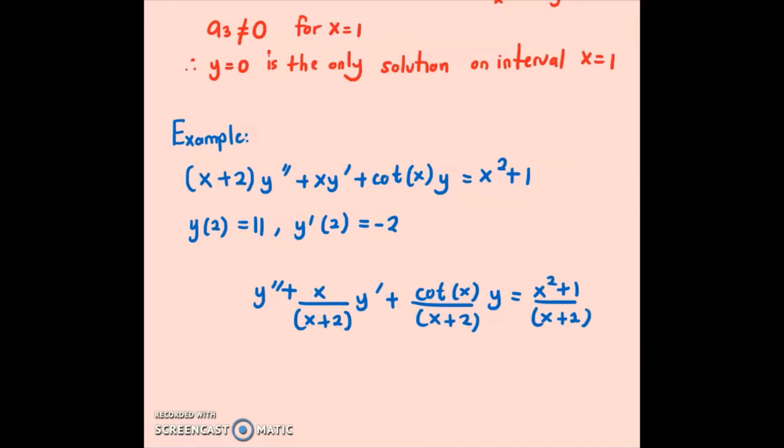Okay, so we divide by x plus 2. So this is my an here. When we divide this, we know that the solution is unique because my a2(x) equals 1.